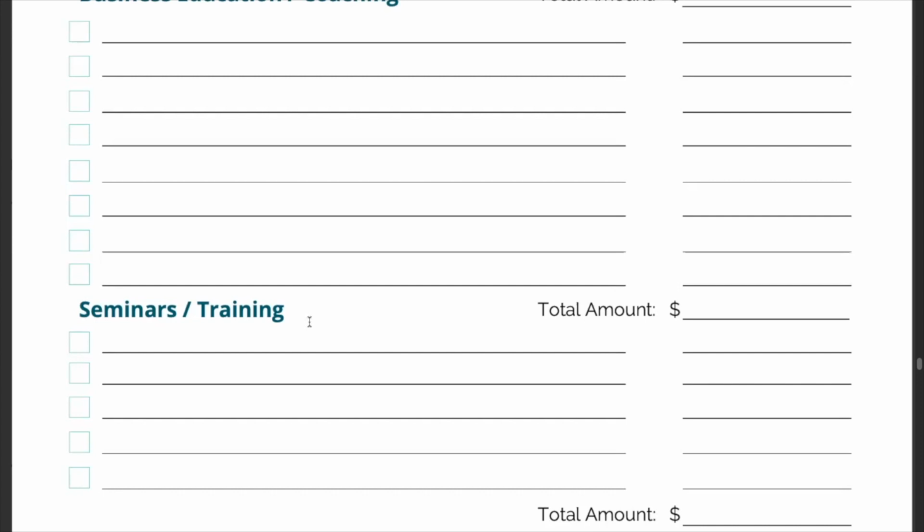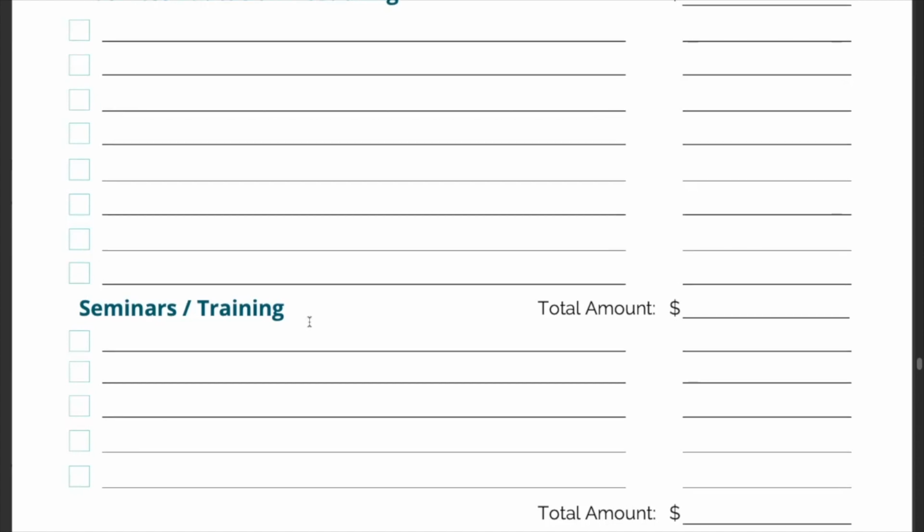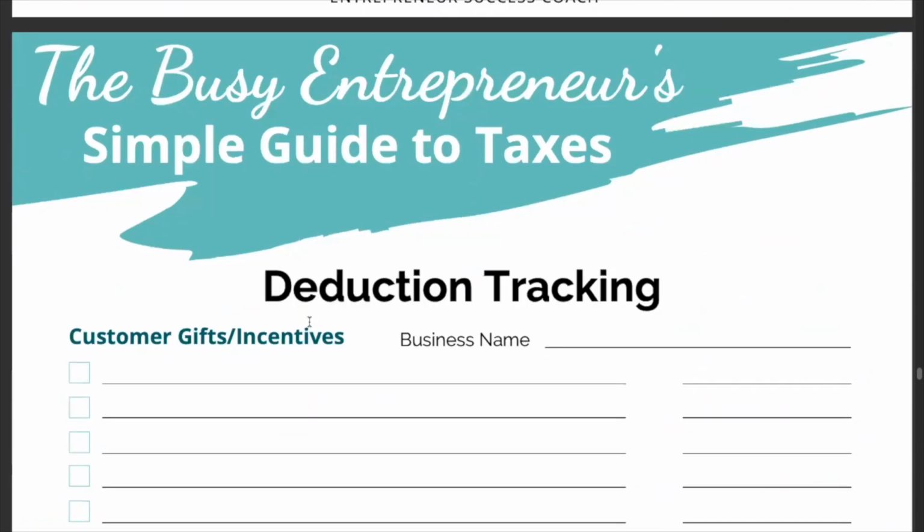So all you need to really focus on is making sure that you're documenting the business purpose of that expense. So if you're going to a training program or a seminar, going through coaching, you just need to specify this is how that program is specifically going to help me improve my business skills. And then that will help you be able to claim that as a tax deduction.